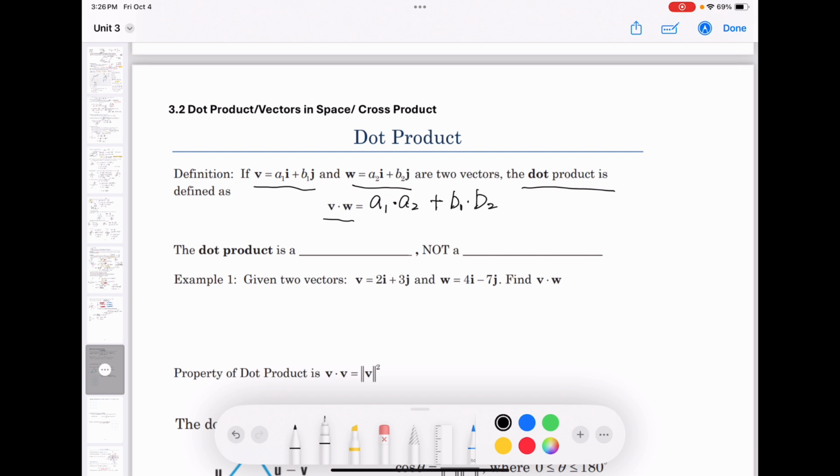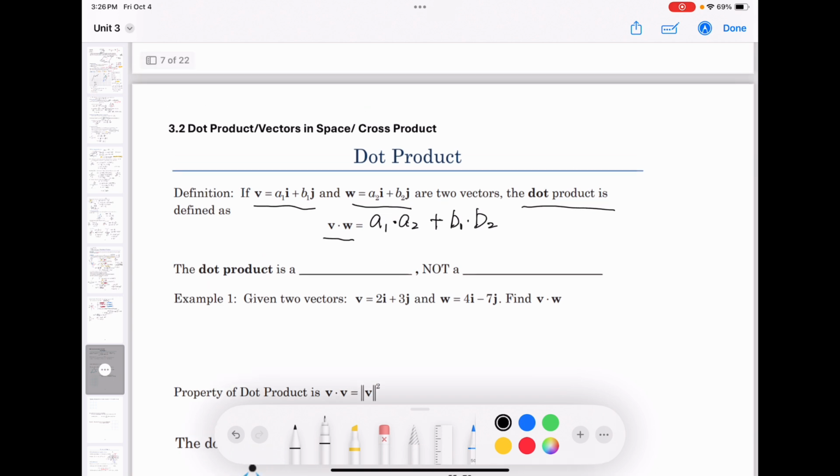Okay, before we move on, what is the physical definition of the dot product? For example, if I have the xy plane, I have two vectors. The first vector we call v, and the second vector we call w.